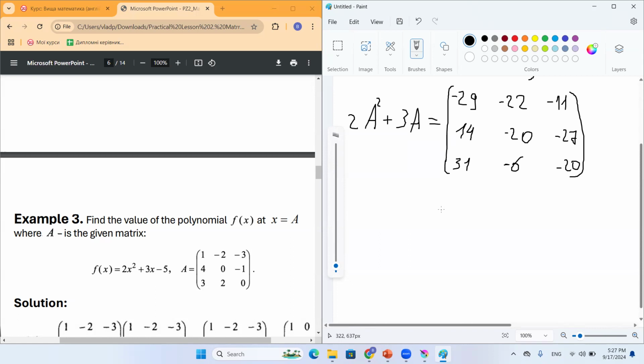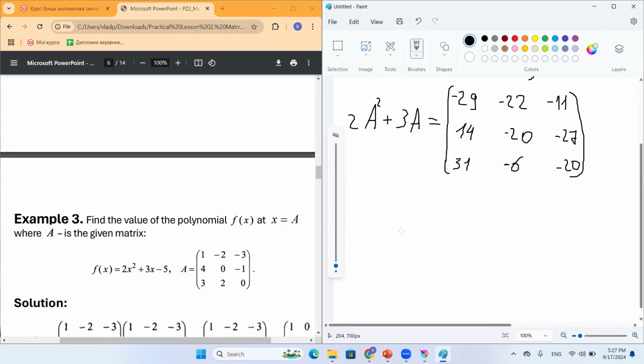By the way, we use the rule of triangle for the determinant, but we don't use it here.